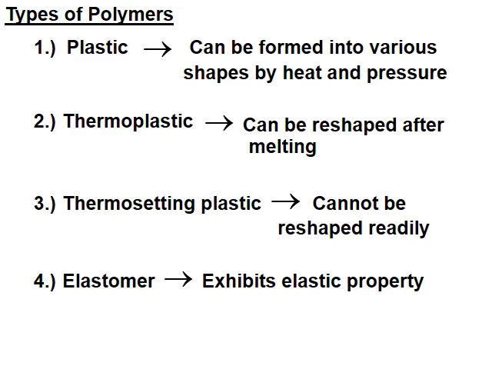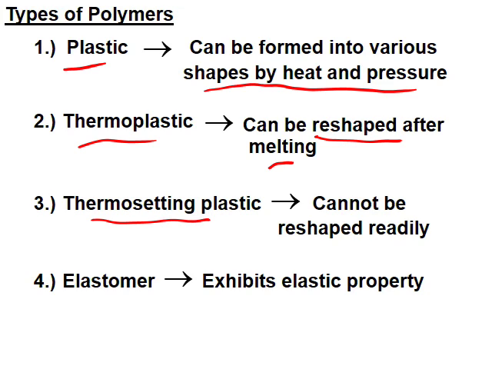Here we're going to discuss different types of polymers and their properties. Plastic is a type of polymer that can be formed into various shapes by heat and pressure. Thermoplastic can be reshaped after melting. Thermosetting plastic cannot be reshaped readily.